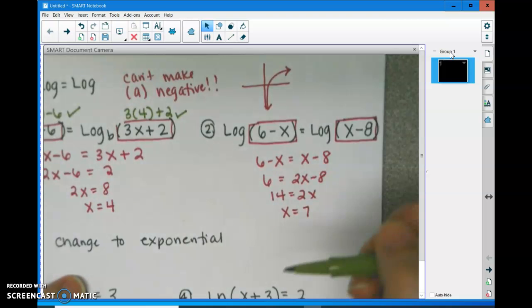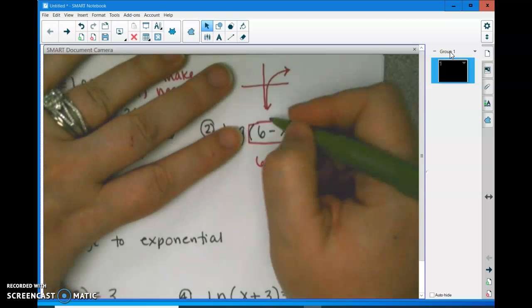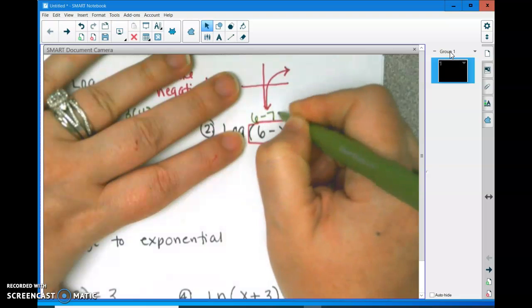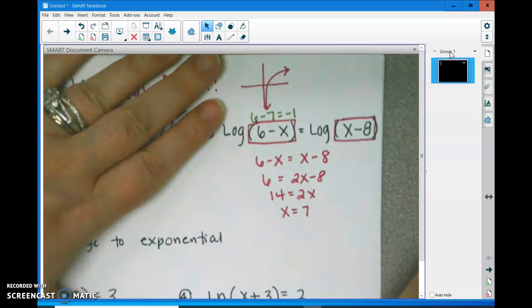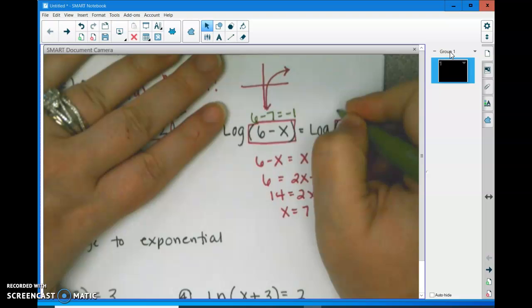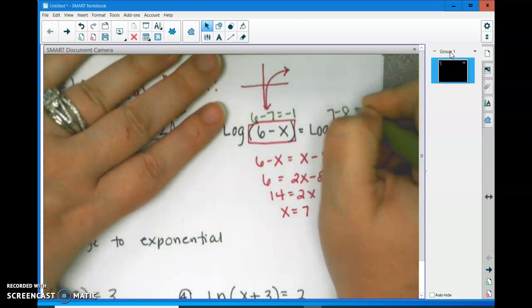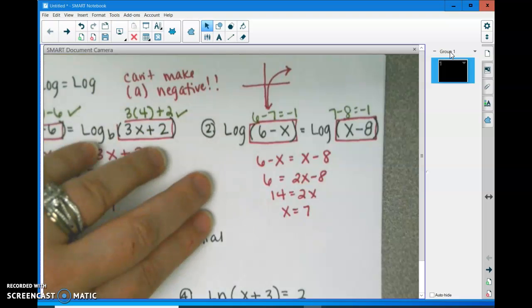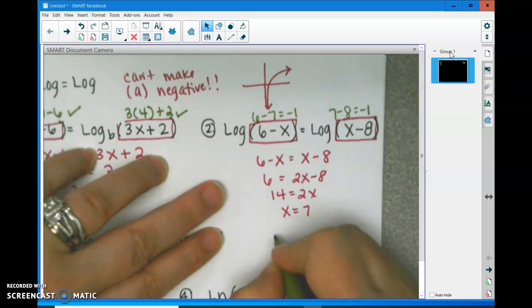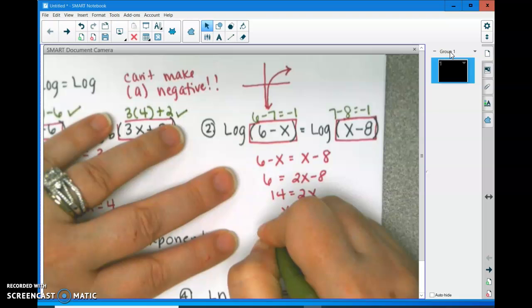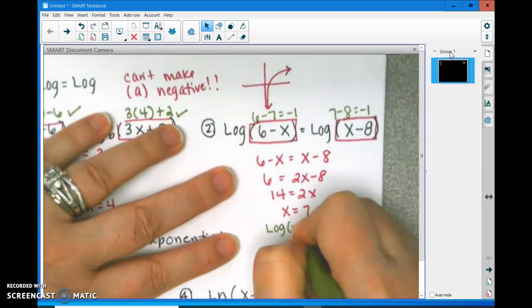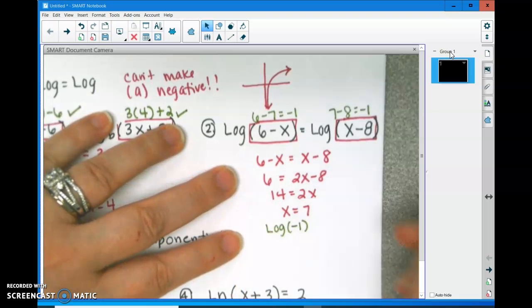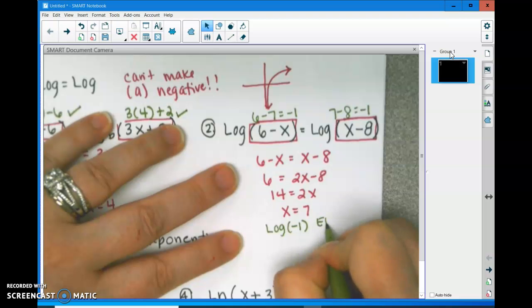So watch what happens when I plug 7 in for x. 6 minus 7 is negative 1. 7 minus 8 is negative 1. But if you tried in your calculator to figure out what the log of negative 1 equals, your calculator is going to say error.